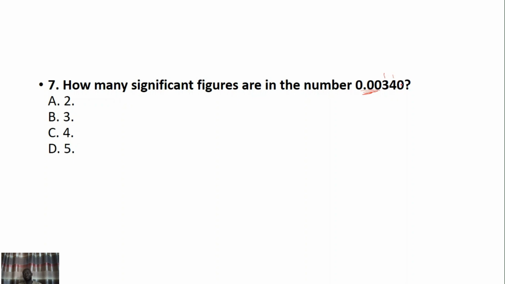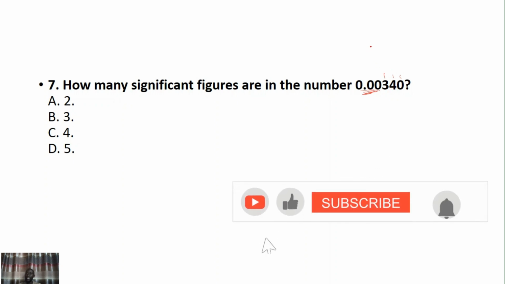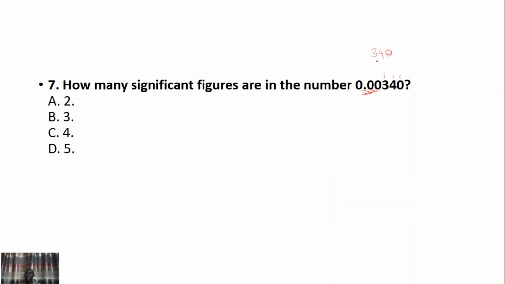Now, this 0, that's the trailing 0, is usually significant in a decimal number but not significant in a non-decimal number. For example, for a number of 340, this is two significant figures. But in this case it is three significant figures because this 0 is significant. So the correct answer is B. Take note of these rules.